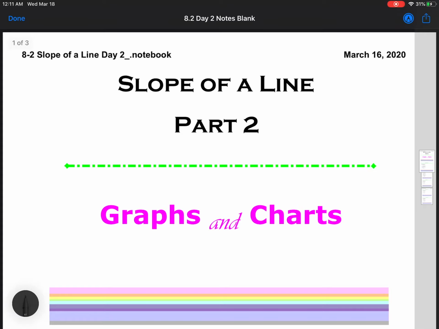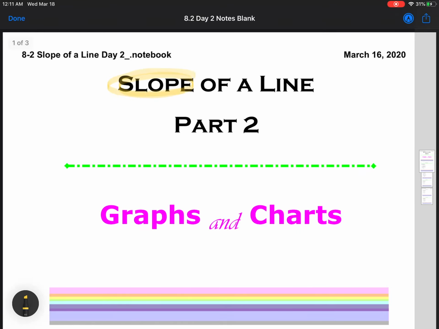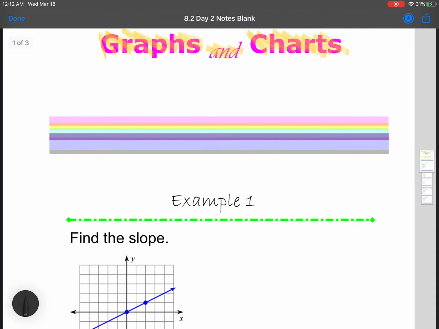Today we are going to continue our understanding of slope, just by doing it on graphs or charts. Hopefully this lesson should actually be easier than calculating slope, because a lot of you really liked translations before we got into it, before you had to actually do the work for it.